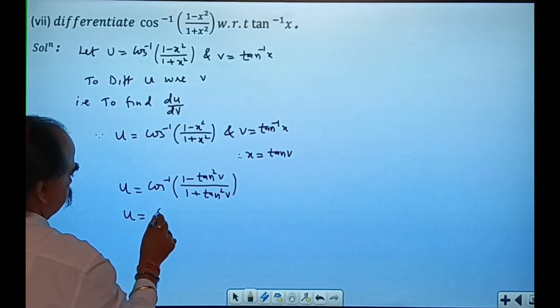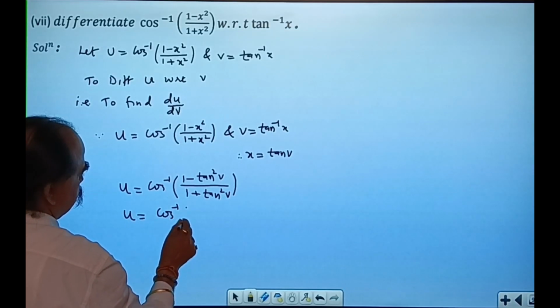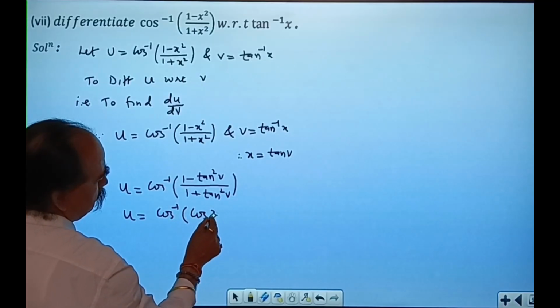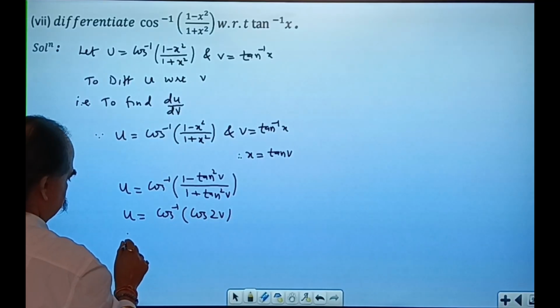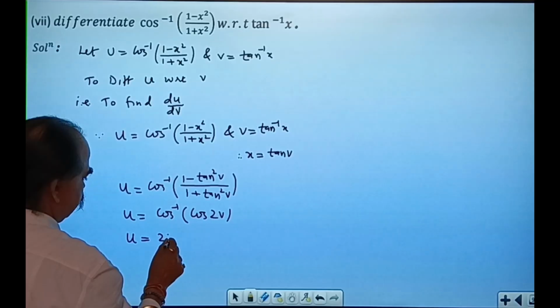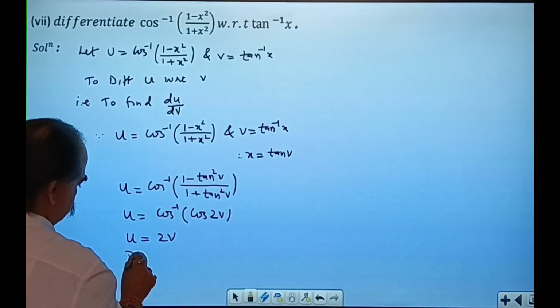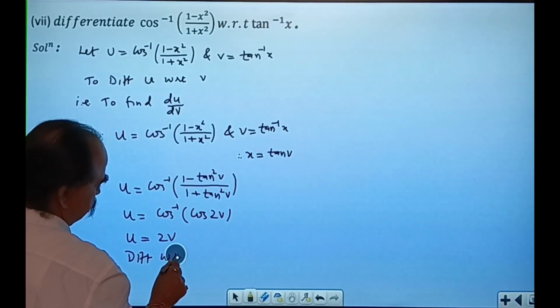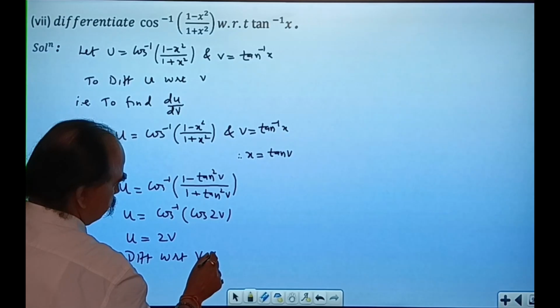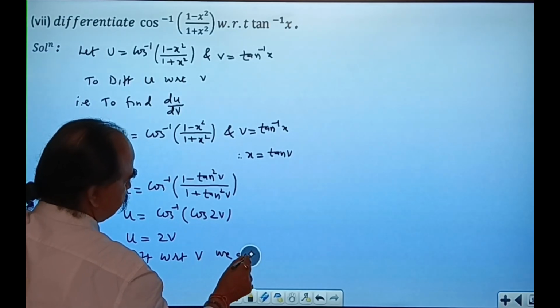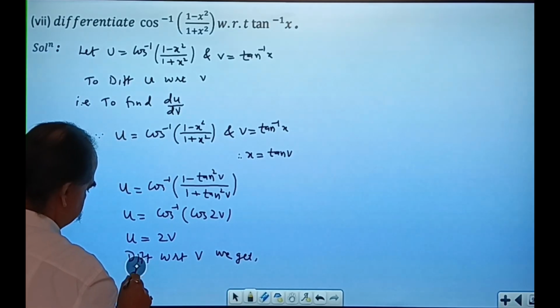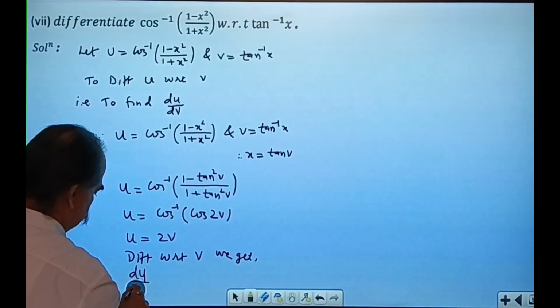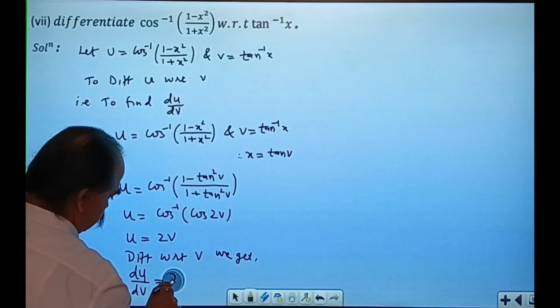So u is equal to cos inverse. This is formula for cos 2v. So u is equal to 2v. Differentiating with respect to v, we get derivative of u with respect to v is what? 2.